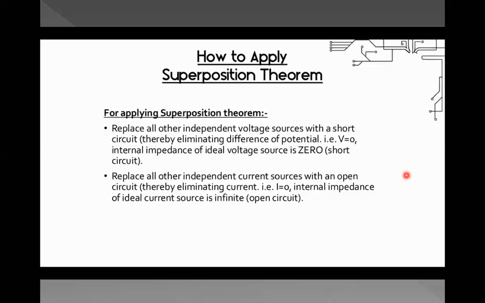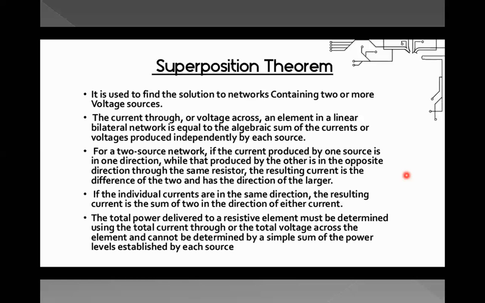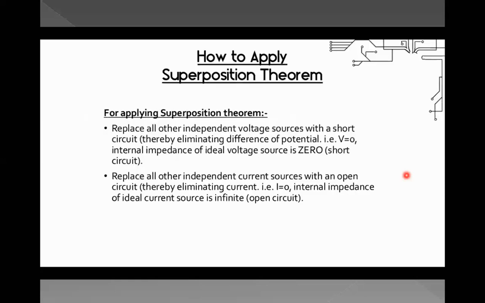These are a few of the conditions to apply it, such as currents produced by the same source when connected in different meshes, whether they are in the opposite or the same direction, and how the open circuit or short circuit has to be maintained.